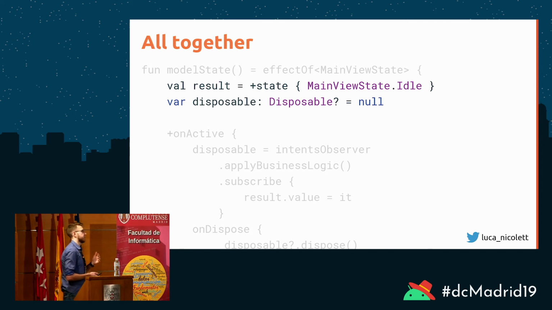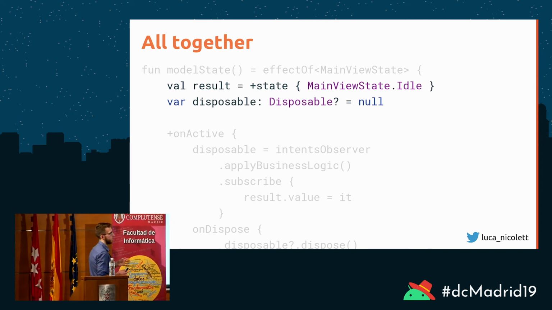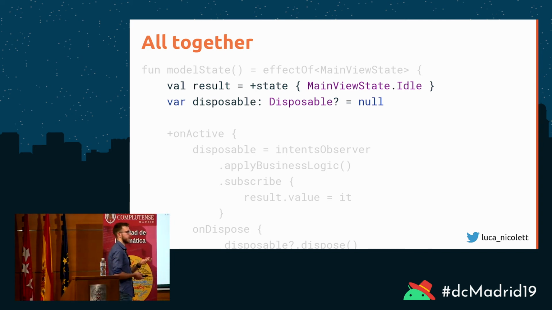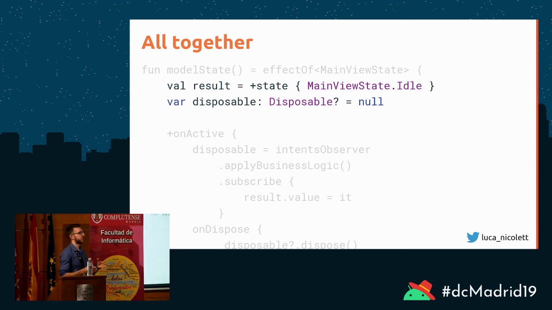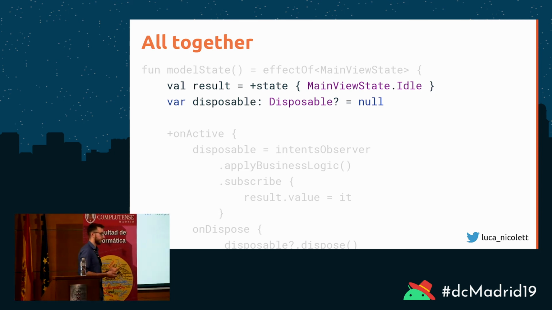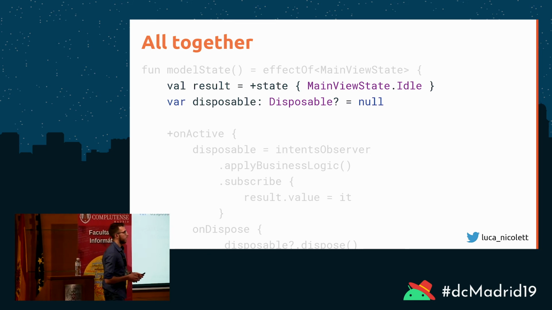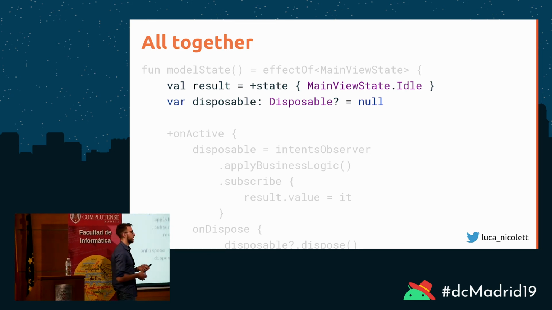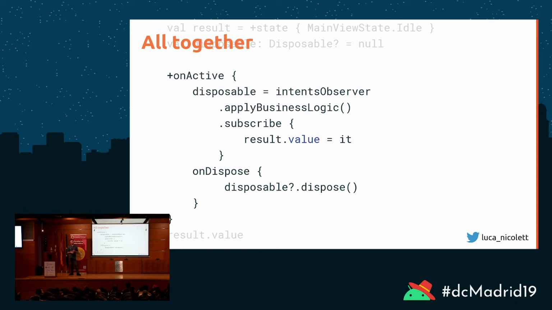Let's see, we could set up our result by using the state function, which returns a state, wrapping our view state with an idle or default or initial value. We set up a disposable, and then we're using the lifecycle events from Jetpack Compose.